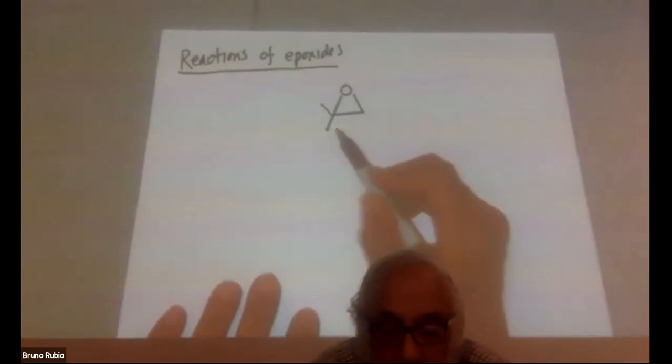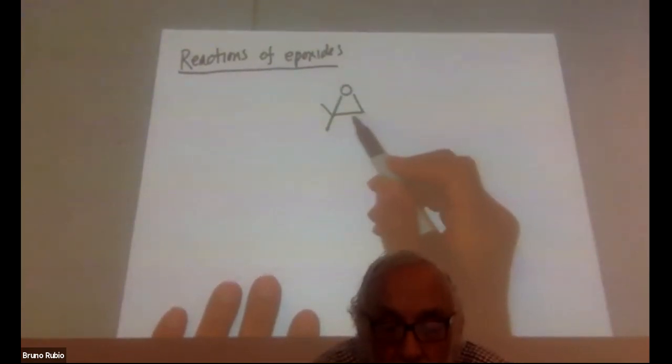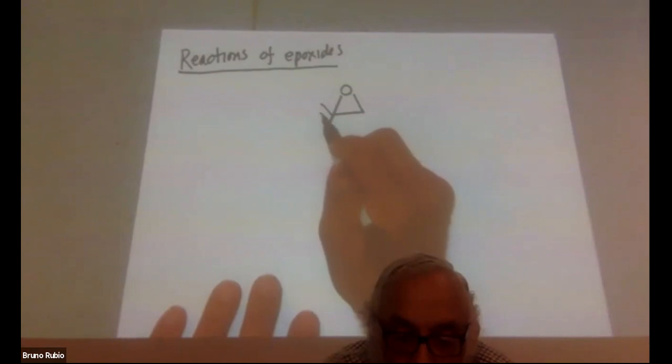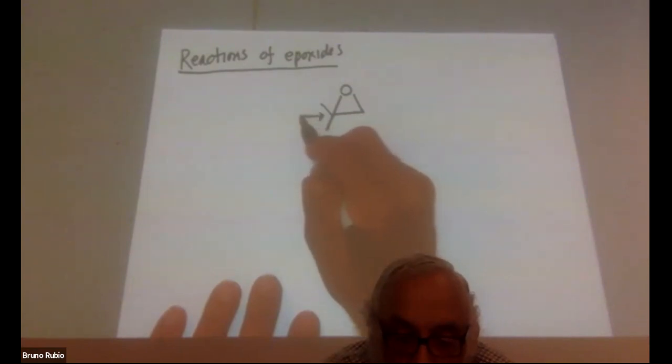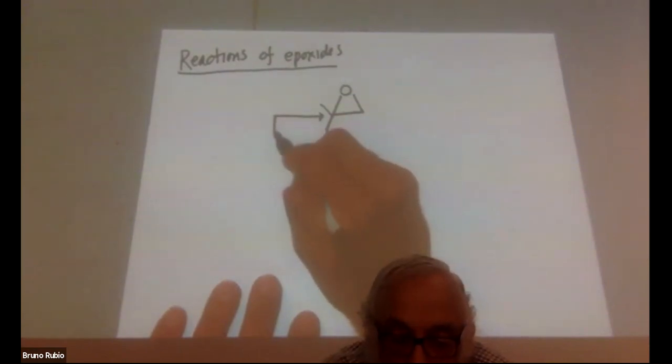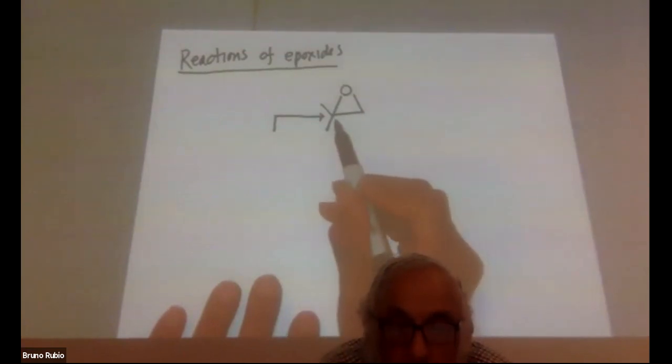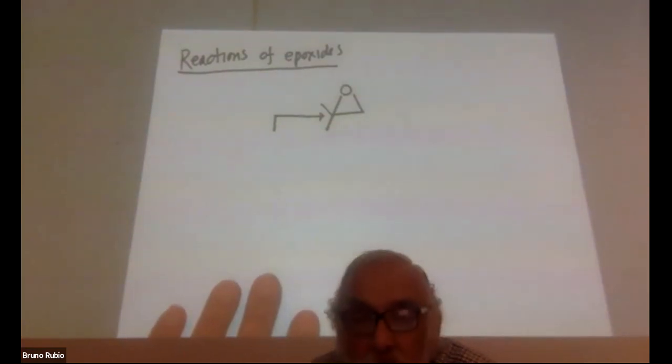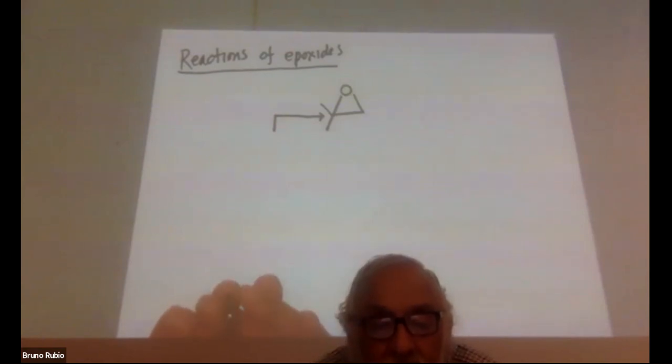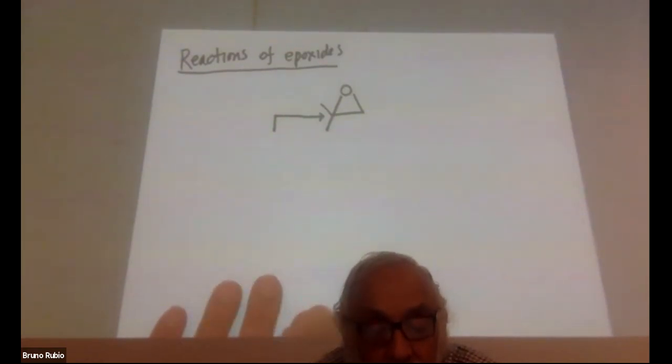Okay, so this is important to make this distinction because it turns out that this carbon here, the more substituted carbon, is the carbon that is attacked by nucleophiles under acidic conditions.